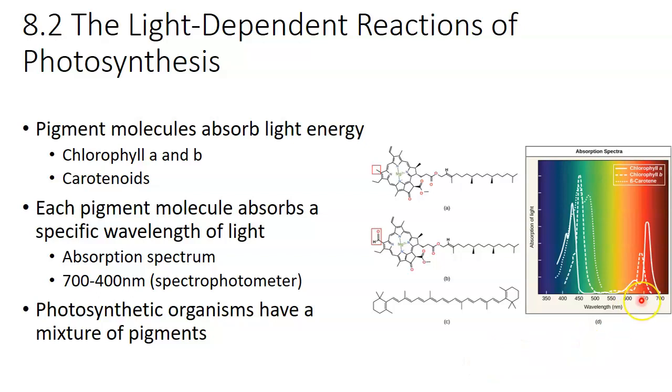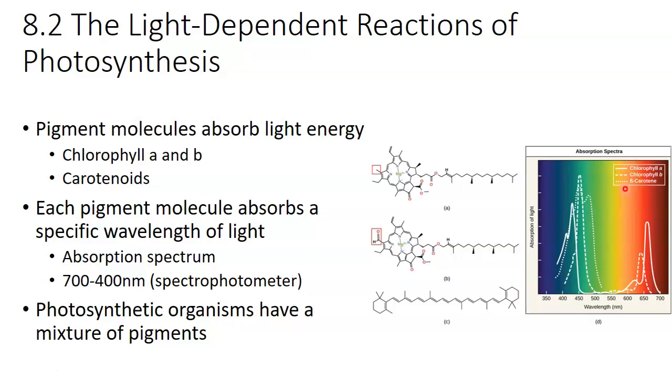So if we look at this figure showing the absorption spectrum, again, this was gathered using one of those machines called a spectrophotometer. We've got chlorophyll A as our solid white line, chlorophyll B is the larger dotted line, and then beta carotene, which again is a carotenoid, is going to be the small dashes.